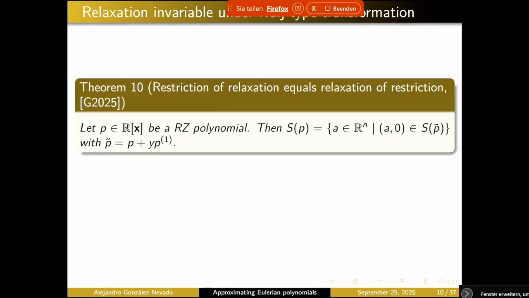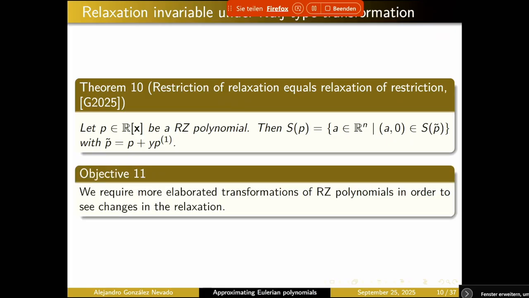So when you restrict back to your original set, you cut with the y equals 0 set, and the relaxation doesn't change in this case. So this method is too general. It happens for every polynomial. It doesn't give you any new information.